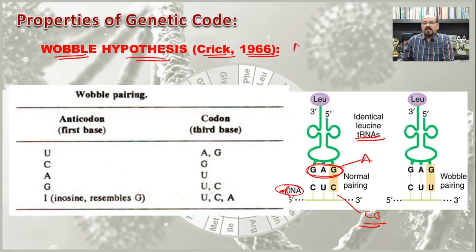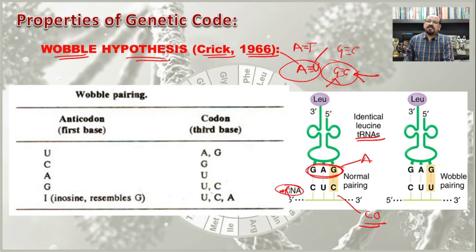Earlier we know that A, T, G, C, with 2 hydrogen bonds and 3 hydrogen bonds, are complementary nitrogen bases on the DNA. In a similar manner, A, U, G, C in the mRNA are complementary nitrogen bases. It means if on the codon there is an A, then on the anticodon there must be a U, or on the mRNA if there is a G, then on the anticodon there must be a C.